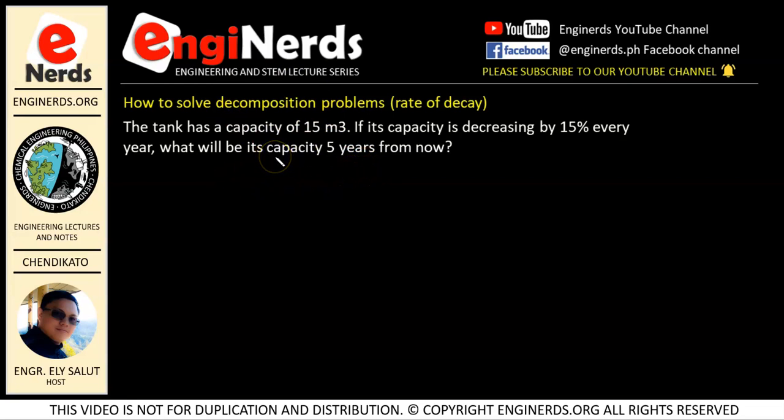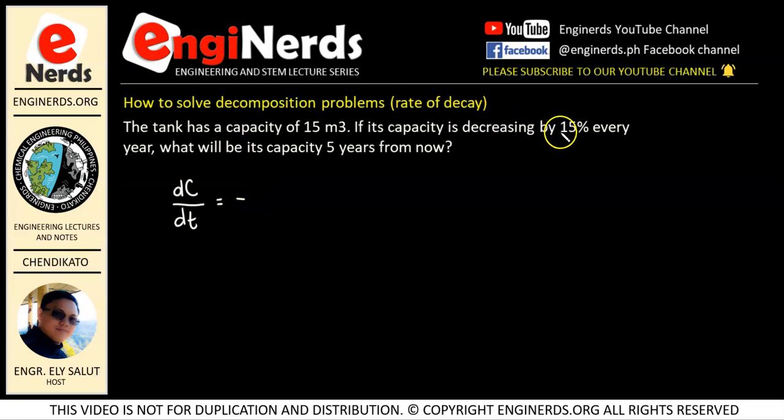So let us first use differential equation. So we know that our capacity is changing with time. So we have our dC over dt, which is the change in capacity over the change in time. And since it is decreasing over time, we will have a negative value here.